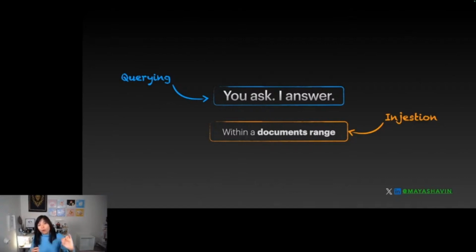Then, together with the question, which is the query from the user, it will send it to the AI and receive back the summarization as the answer, and send it back to the user. And that is the second process, querying.